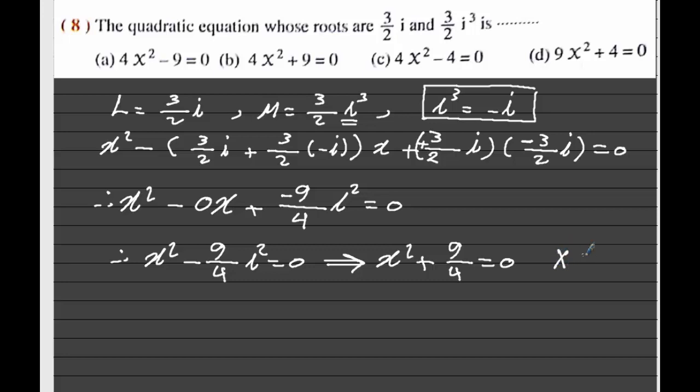Multiplying both sides by 4. So the result equals x square multiply 4, x square plus 9 over 4 multiply 4 equals 9, all equals 0. And we will choose letter B, the solution in letter B here.